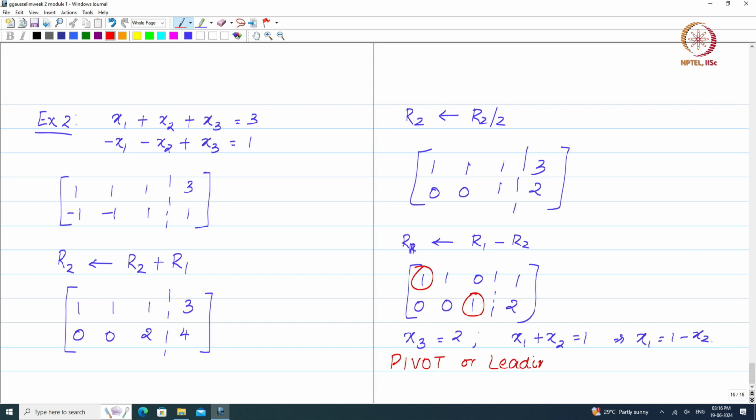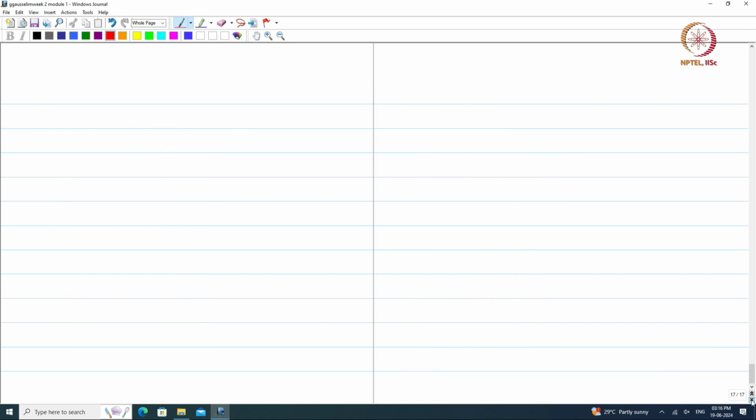In the above example, x1, x3 are pivot variables. There is no leading one corresponding to x2. x2 is called the free variable.